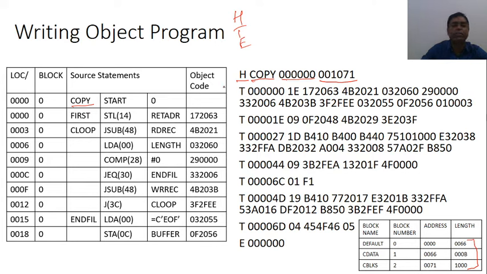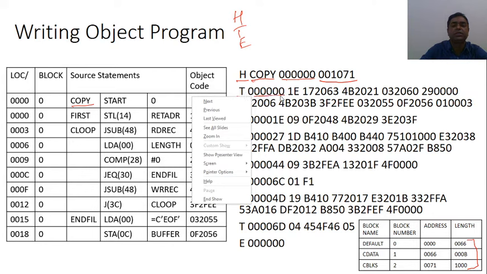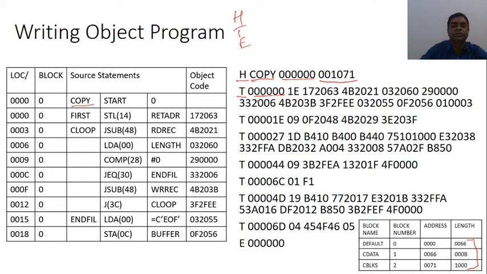Now after this you will write the text record. First column is T, then the starting address of this text record. You can see here our first object code starts from the address 0000, so the starting address of the text record is 000000. Now this is the size of this text record.